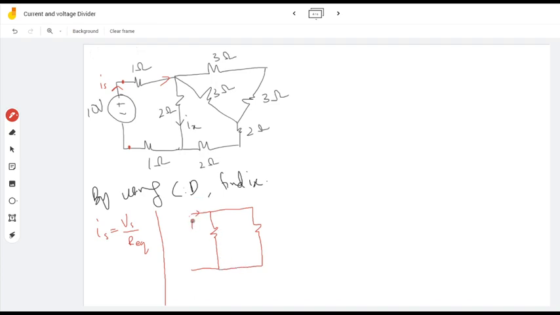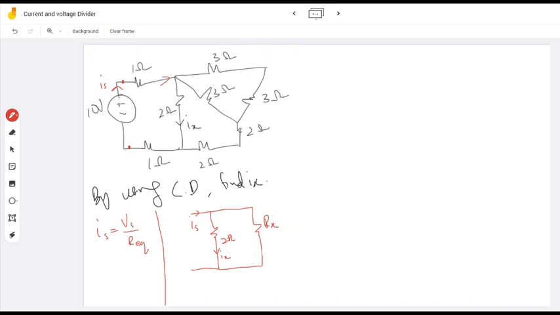So this one here is Is. Okay, you know that you can ignore 1 ohm and 1 ohm, because they don't enter the two parallel conditions. So you know that this is 2x and 2 ohm, and this one is Ix. You need to find what is this Rx.